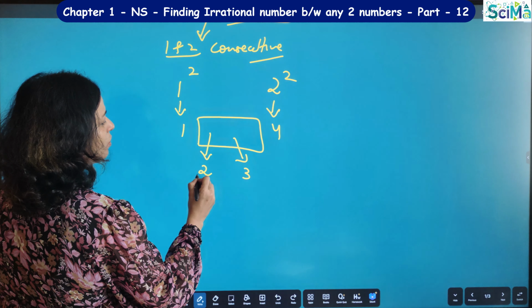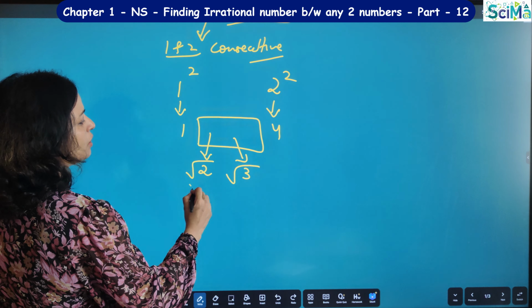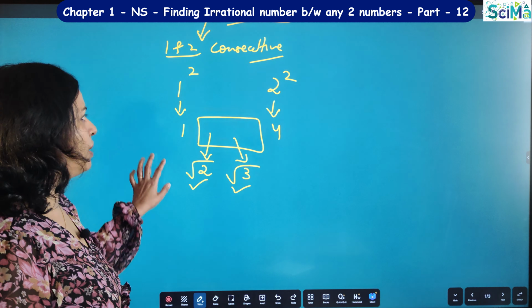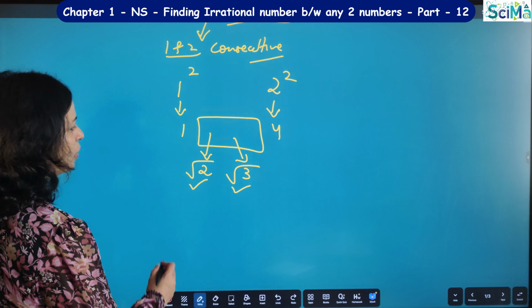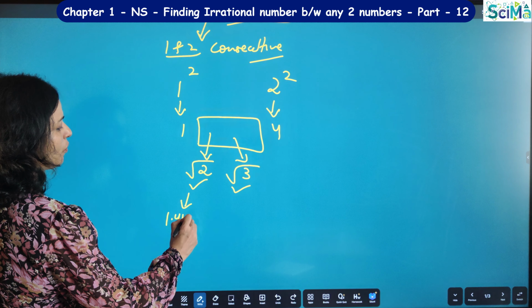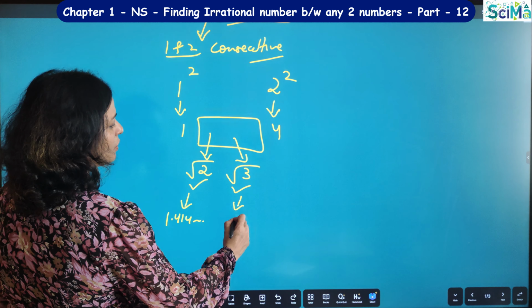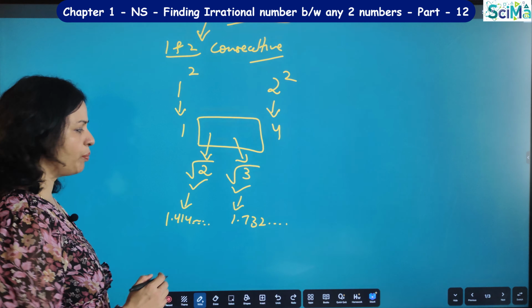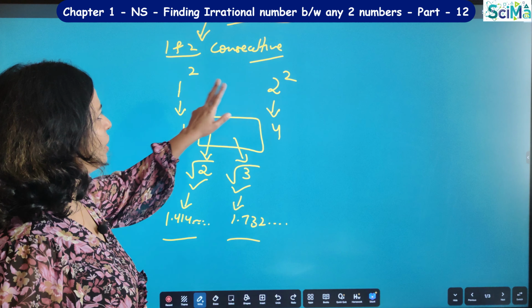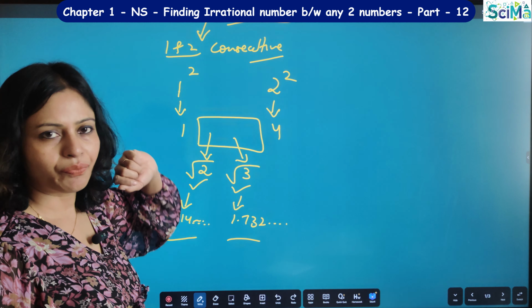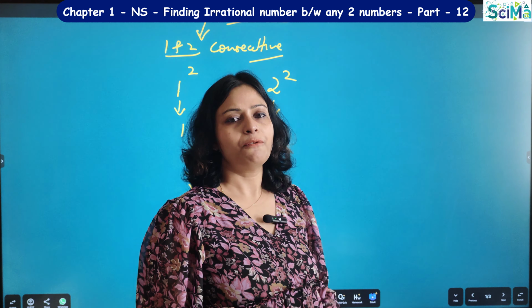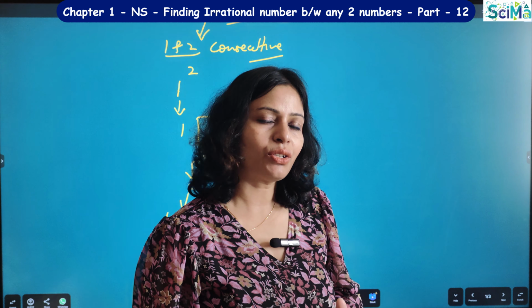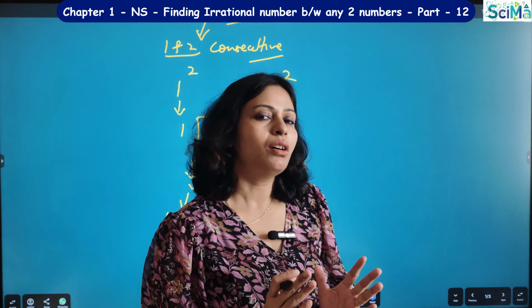Put a root. That is, root 2 and root 3 will be the numbers between 1 and 2. Root 2 is 1.414 and root 3 is 1.732 dot dot dot. They are non-terminating, non-repeating, so they are irrational numbers between the two rational numbers. So this is how we find irrational numbers between any two numbers.